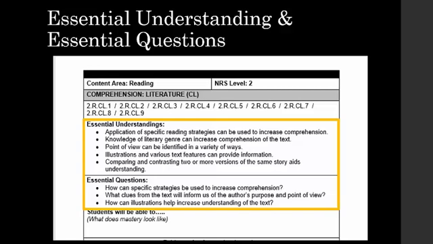So for all of the four objectives that we wrote, if we remember all the way back to that very first umbrella statement, it said that we were going to demonstrate comprehension strategies of questioning, predicting, clarifying, and summarizing to increase comprehension of text.